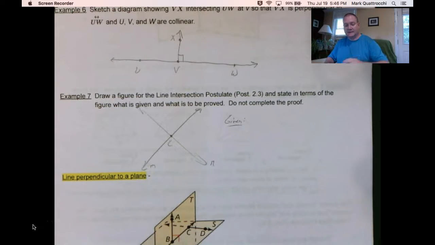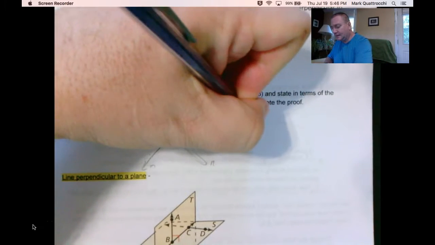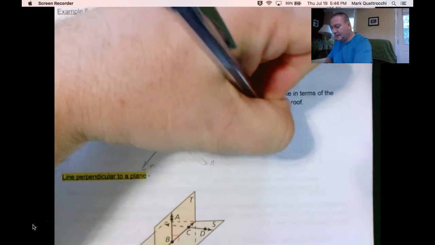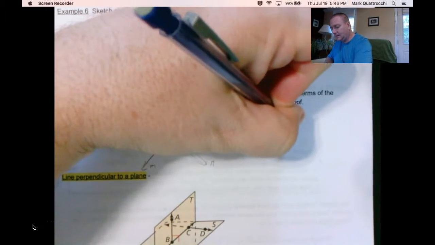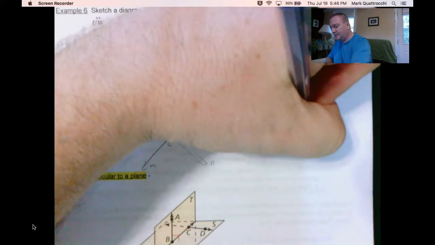So in this case, we're given lines M and N intersect.